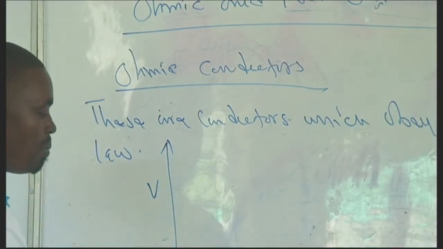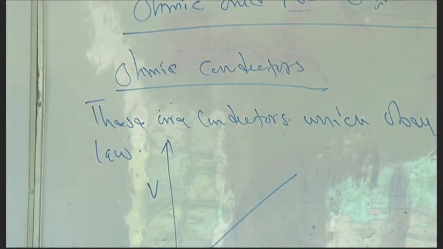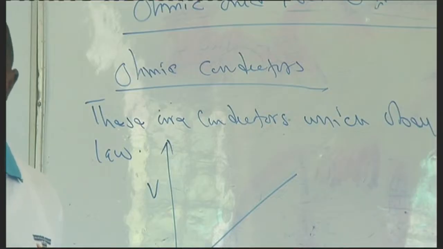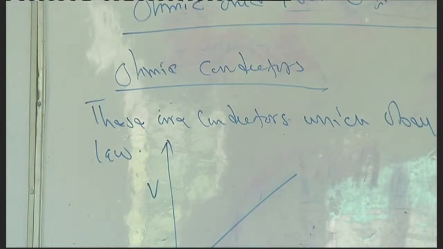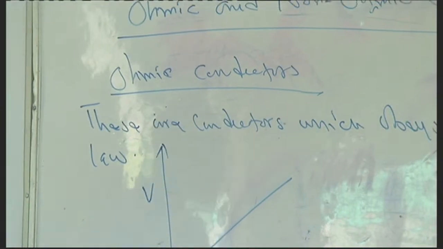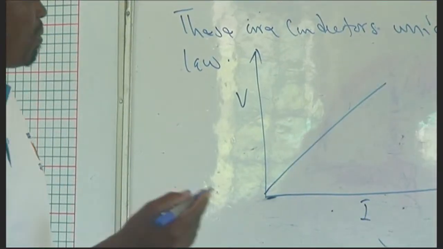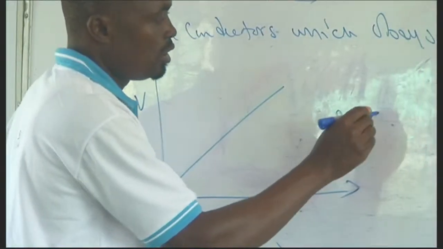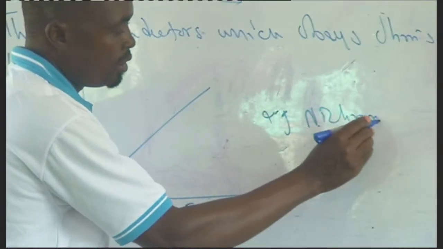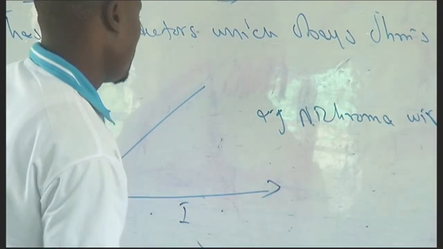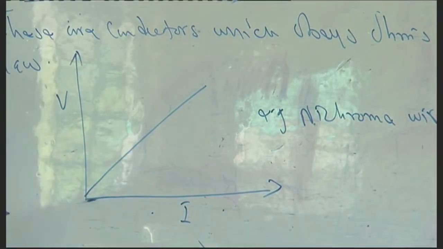That is a harmonic conductor. An example of a harmonic conductor is the nichrome wire.